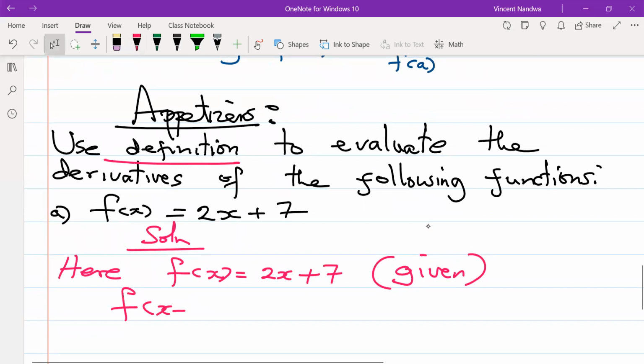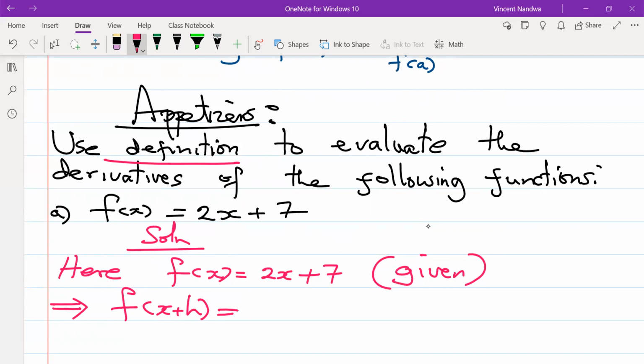So what will be f of x plus h? This implies f of x plus h will be given by... So this f of x is 2x plus 7.